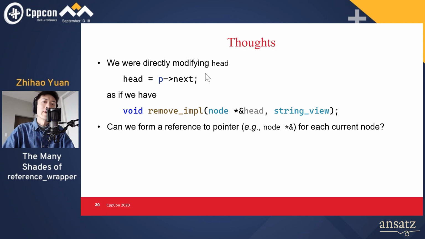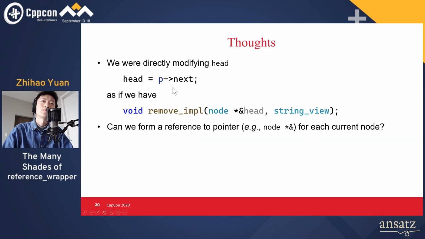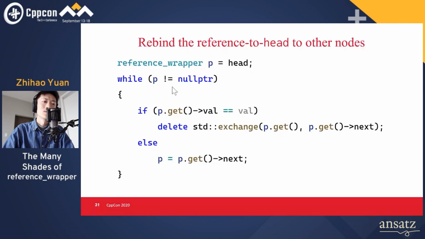Can we form a reference to pointer for each current node so that we can directly modify every current node in the same way as modifying head? And yes, we can do so by rebinding the reference to head to every other node.